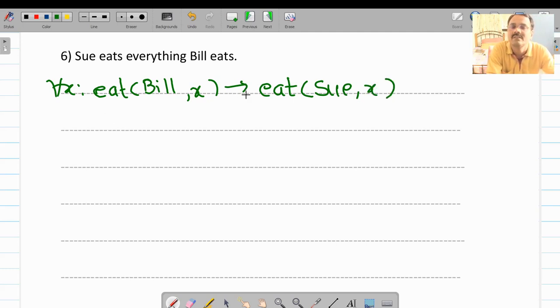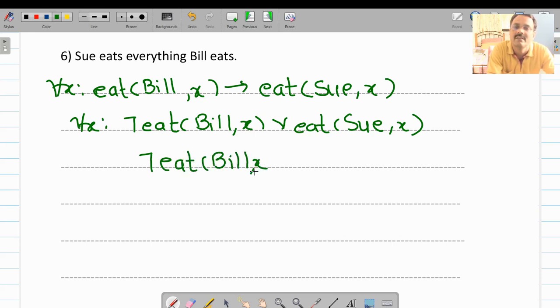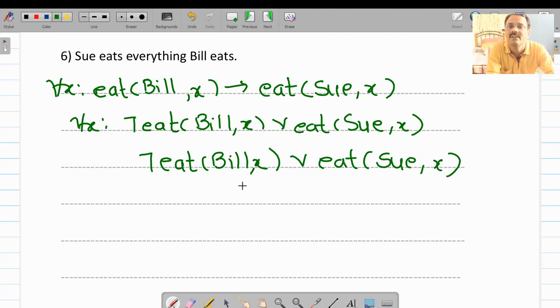Now remove this implication, that will give you for all x, not eat Bill x or eat Sue x. Already the quantifier is on the left hand side, so you remove it, that will give you not eat Bill x or eat Sue x. So this is the required clause form.